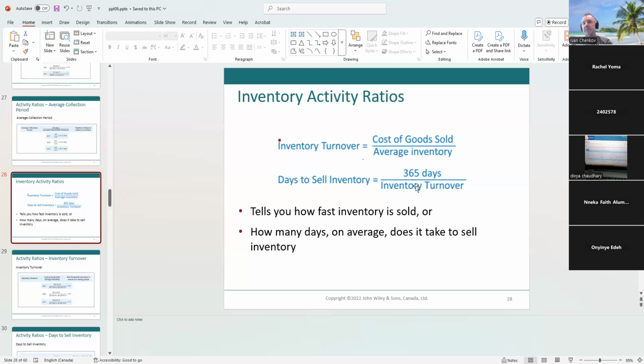If I'm in the bakery industry and my inventory turnover is 365 out of 365 days, that means I'm selling everything within the day. It also means people are crazy about my bakery. Because if people are not crazy about my bakery, the days to sell my inventory are going to go to 5, 6, 7, 8, 9, 10 days.